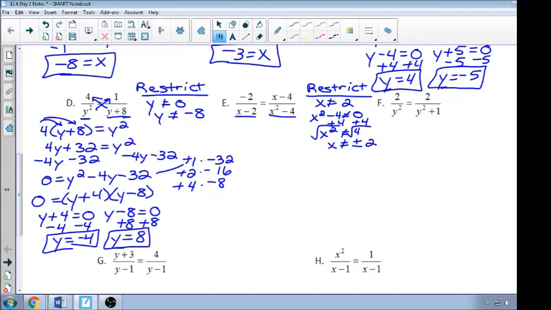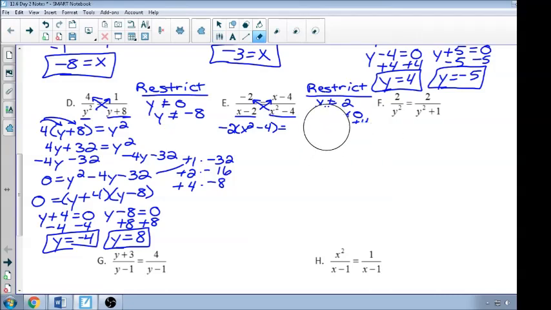Okay, now that we have our restrictions, what we're going to do is go ahead and cross multiply. I apologize, guys. So the restrictions were x cannot equal 2 and x cannot equal plus or minus 2.